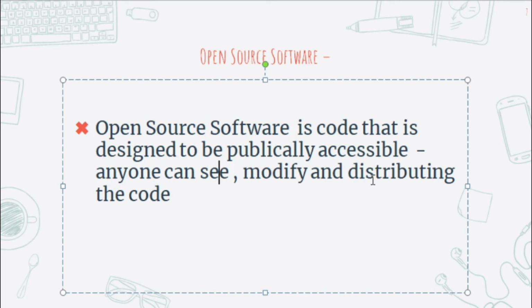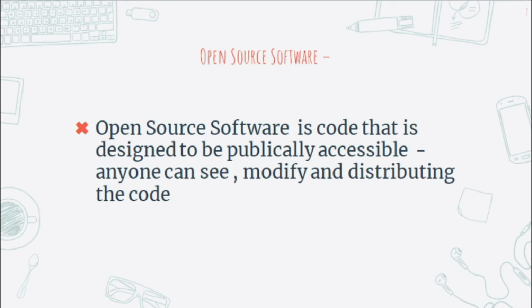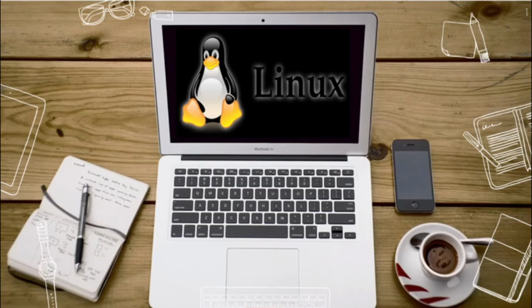Next benefit is freedom to distribute copies of your modified version of the software. We can distribute the downloaded original software, and we can also redistribute the software modified by us to our friends and users. There is no problem because these open source software are not bound to these types of restrictions.